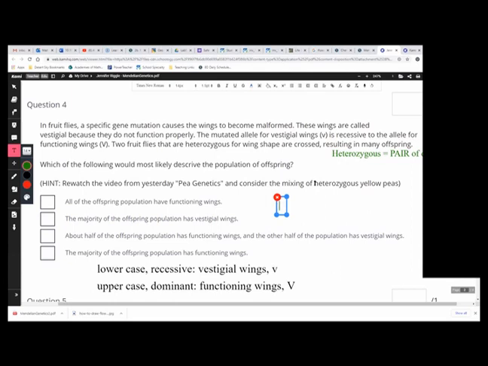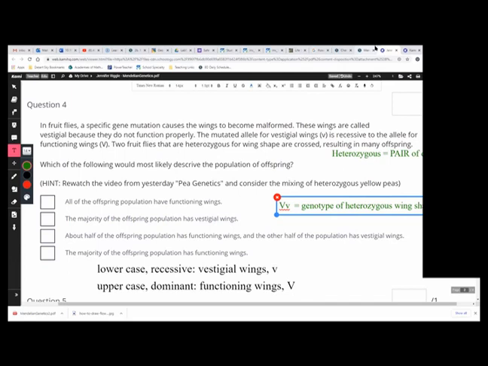One capital. One capital, okay. And then what would the second letter be? So we want heterozygous, we want them to be different. Lowercase v. Perfect. So this is the genotype of heterozygous wing shape of a fruit fly.